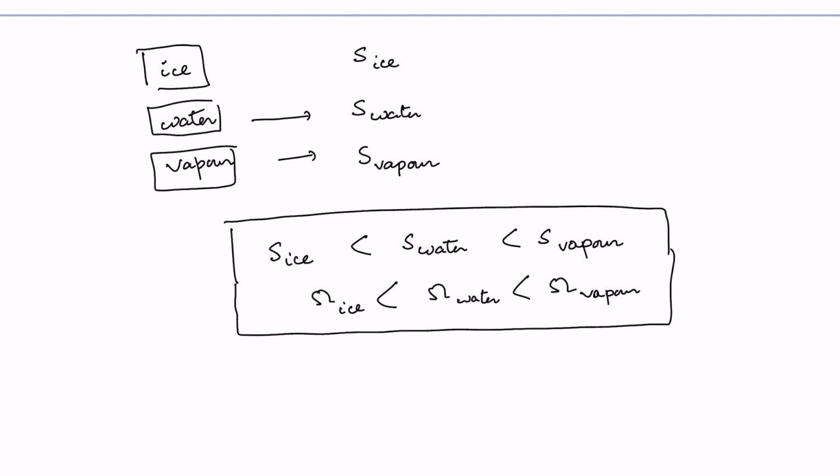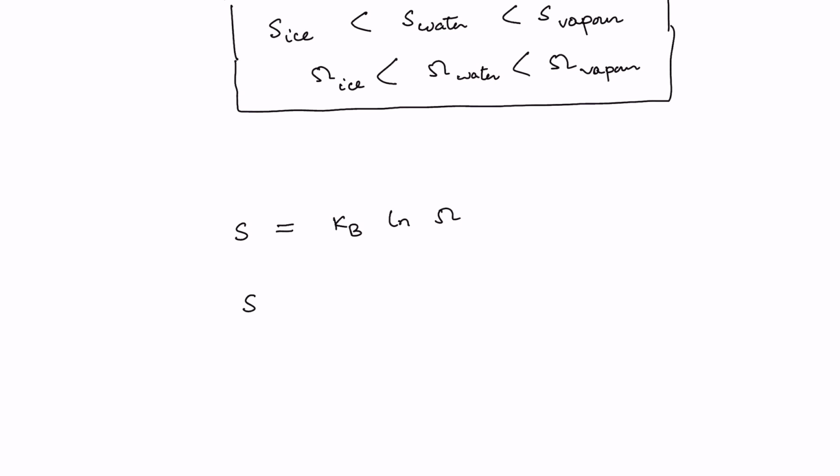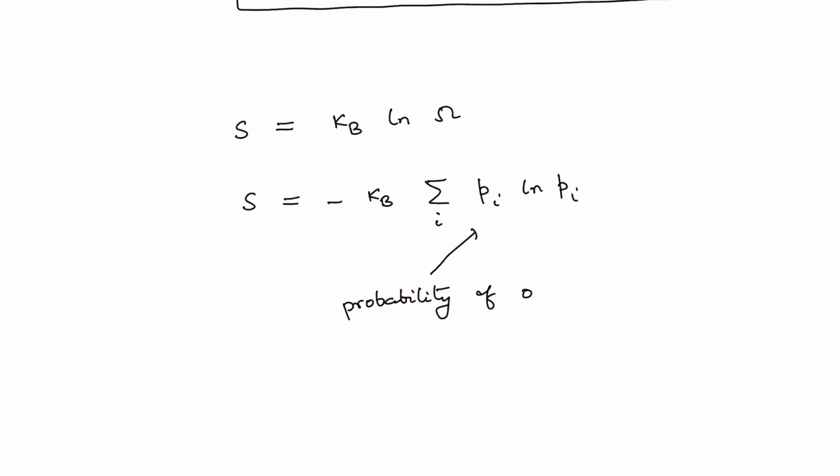This fact is already known to you, and this expression for entropy, S equals k_B logarithm of Omega, where the logarithm is the natural logarithm, can be expressed in terms of probabilities as well. It can be written as minus k_B sum over i of p_i logarithm of p_i, where p_i is the probability of obtaining the ith microstate.